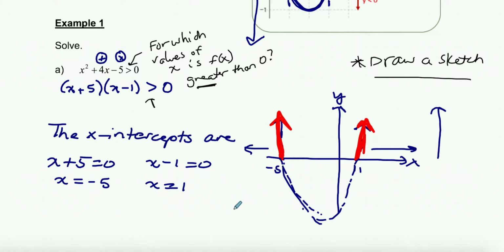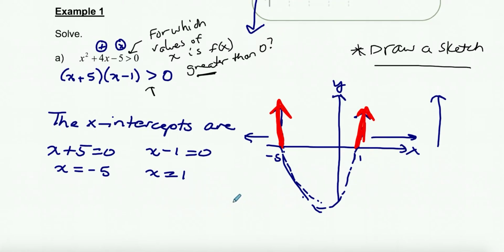So our final statement is that the areas where this parabola is greater than 0 would be the interval where x is less than -5 or x is greater than 1.